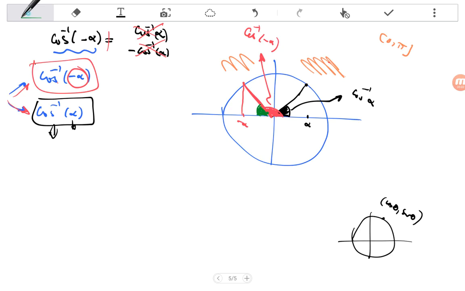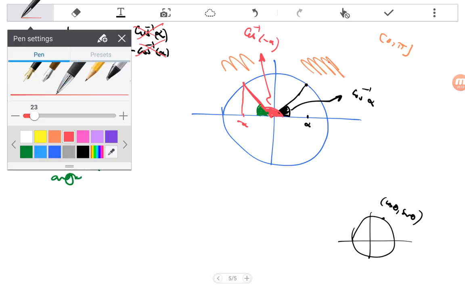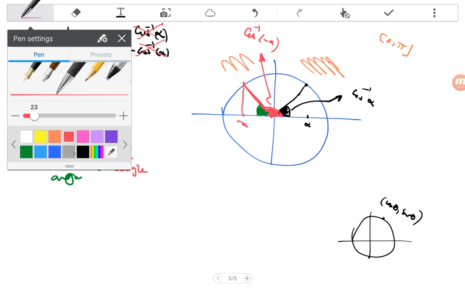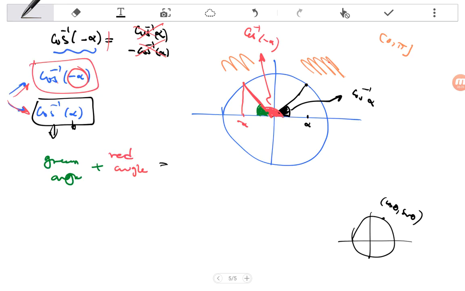Now, what would be the value of the green angle plus the red angle? The result is just pi.